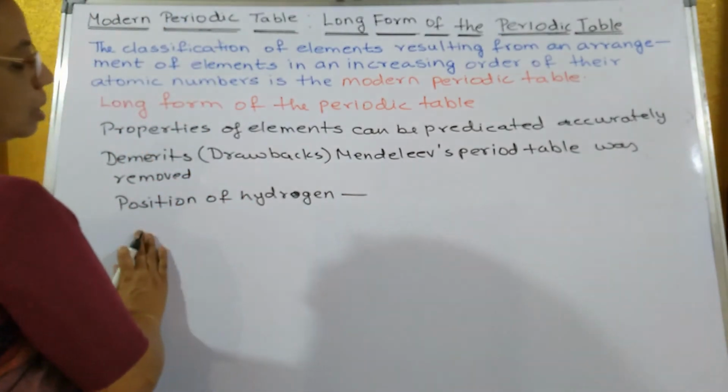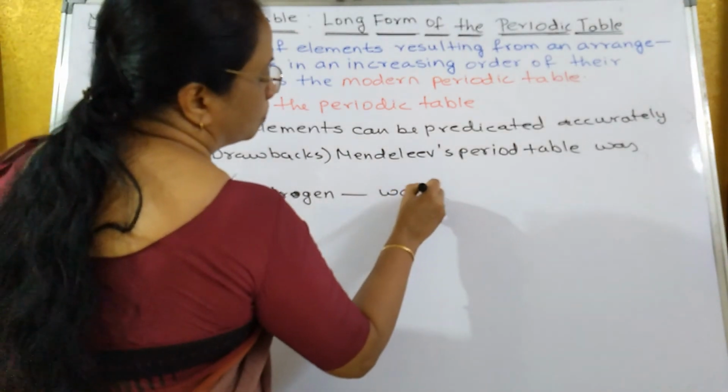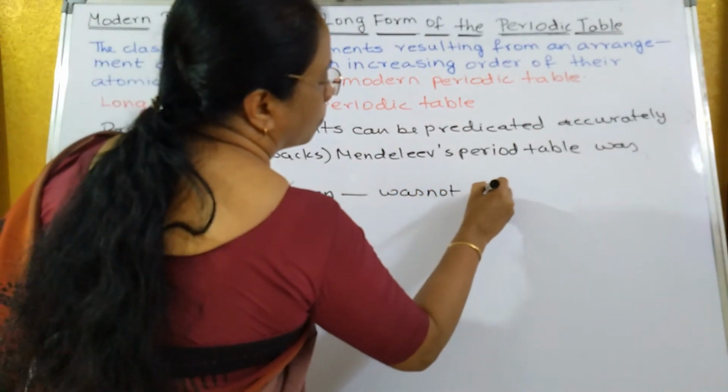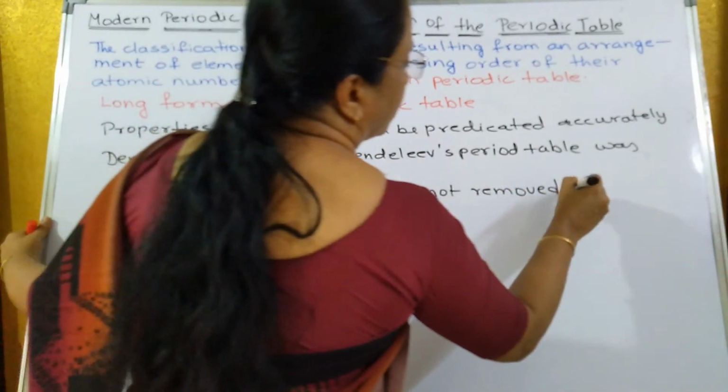The ambiguity regarding the position of hydrogen was not removed in modern periodic table.